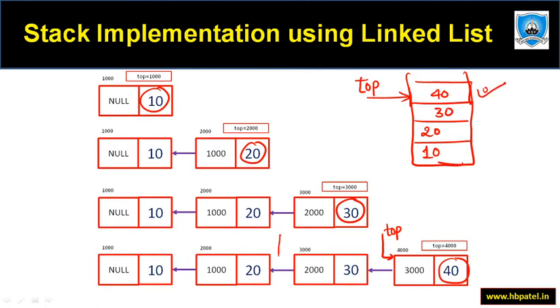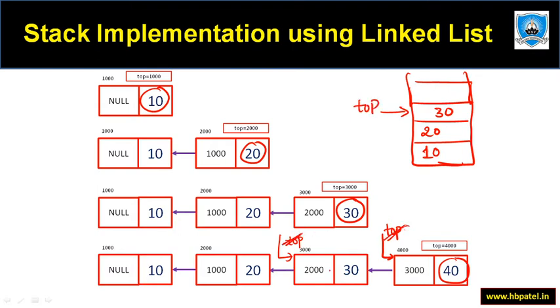Now if I pop this one, what will happen? If I pop this one, then the value of top will now be pointing to the next node, so the top will be moved to this place.